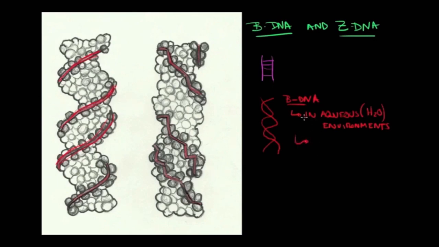But anyway, another thing that is important to mention about DNA is that this is the majority, as you probably are thinking by now, the majority of DNA in a cell. So the majority of the DNA that you find in a cell actually looks like this one here, like B DNA.